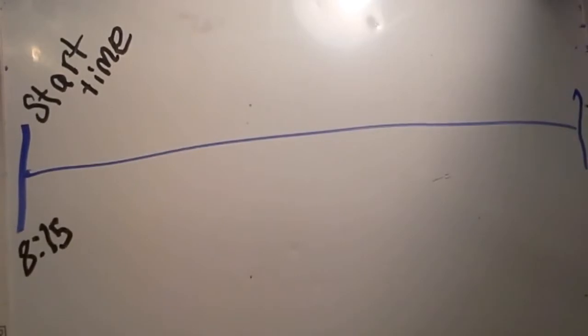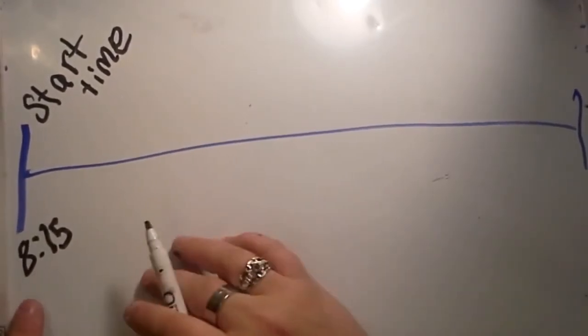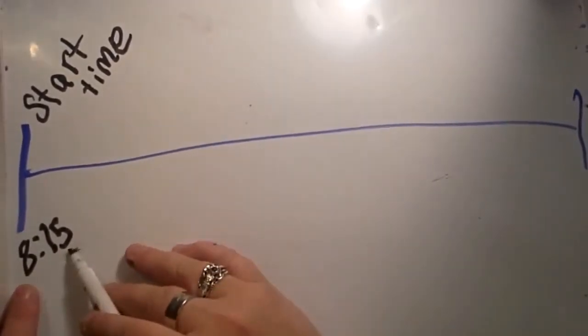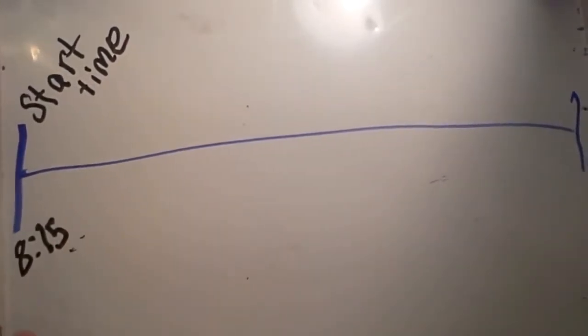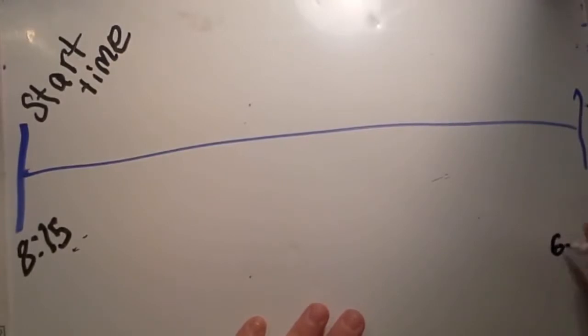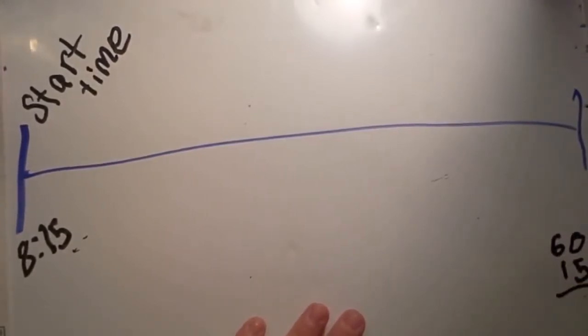And the next thing I need to do, remember, we need to get to an even hour where there's no minutes. So I will subtract 15 from 60 again, just to show you how that works.